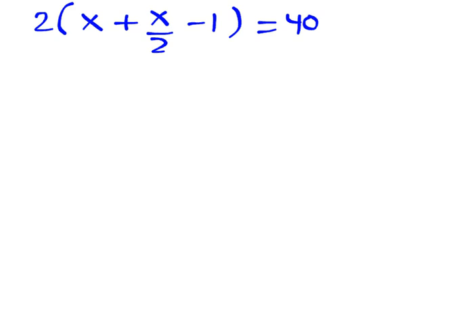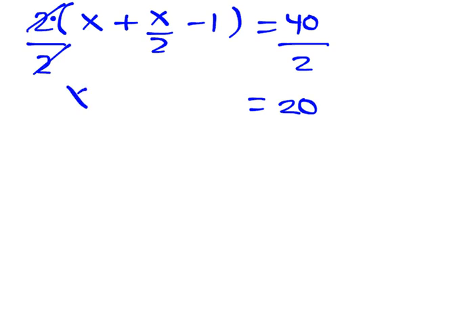So you see here at the front, you have 2 times the bracket. If we want to simplify that, we're going to divide by 2 on each side. So 2 divided by 2 will cancel out, and on our right side, 40 divided by 2 will be equal to 20.